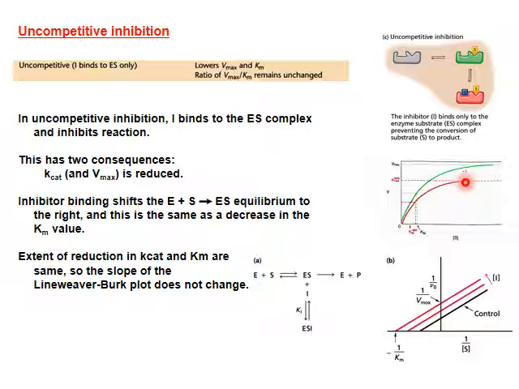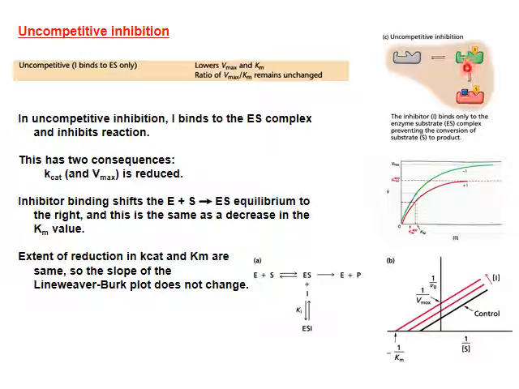Everything's lower, but in the case of the uncompetitive version, you'll never get to Vmax. You cannot outcompete inhibitor binding by adding more substrate because there's always going to be this scenario. No matter how much substrate you add, I binds the ES form.